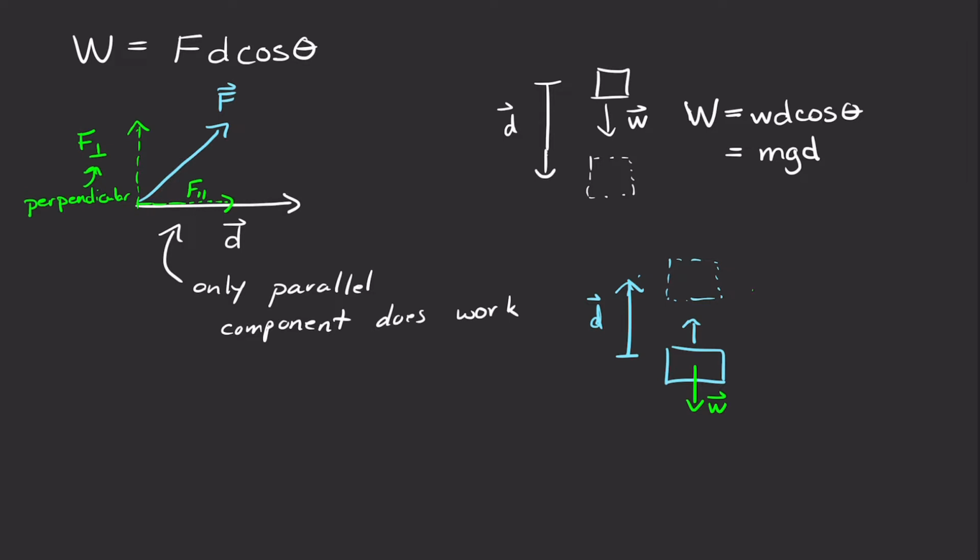So now the work done by the weight is going to be the weight times the displacement times the cosine, but now this angle is going to be 180, where here theta was just 0. And so cosine of 180 is minus 1, so this is going to be minus mg times the displacement.